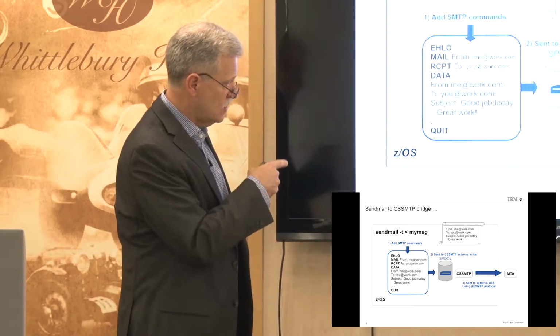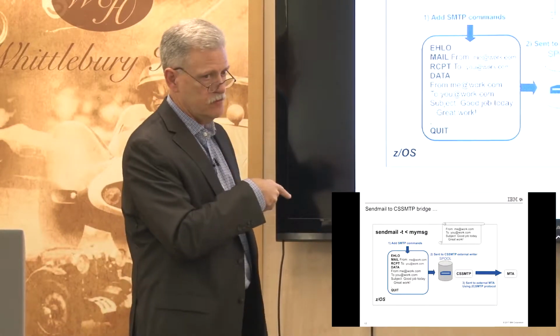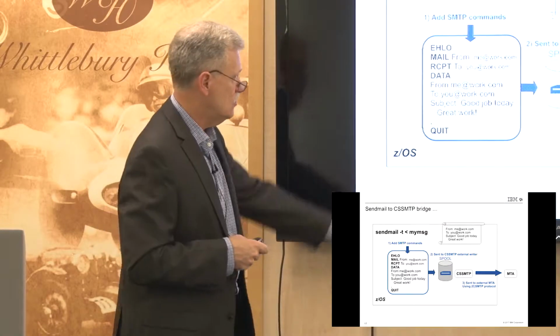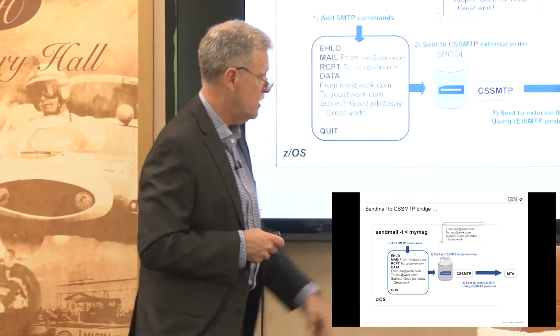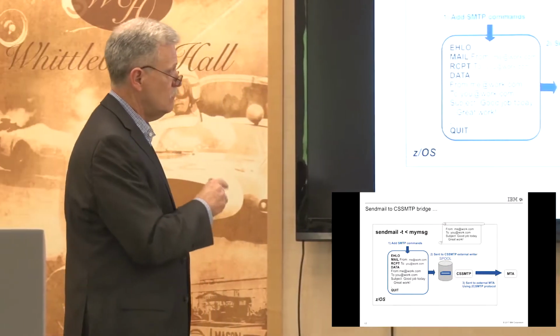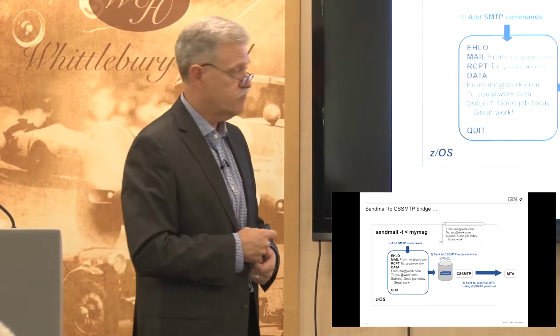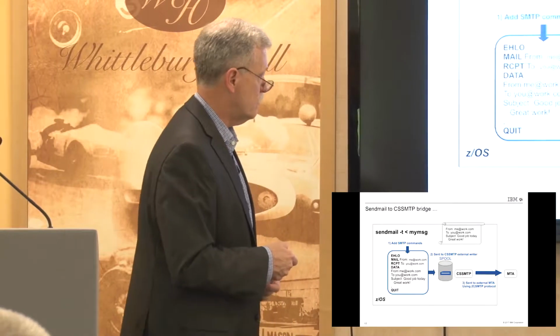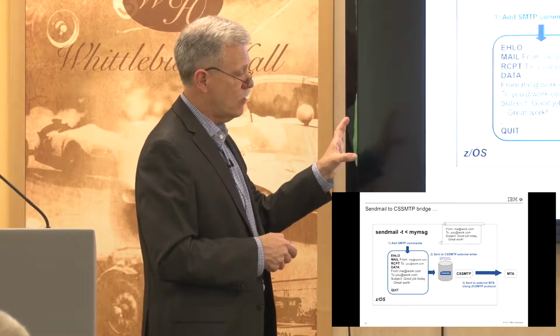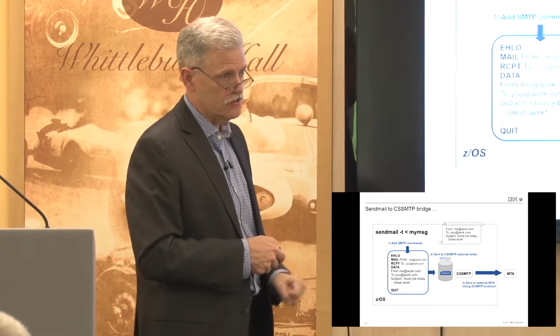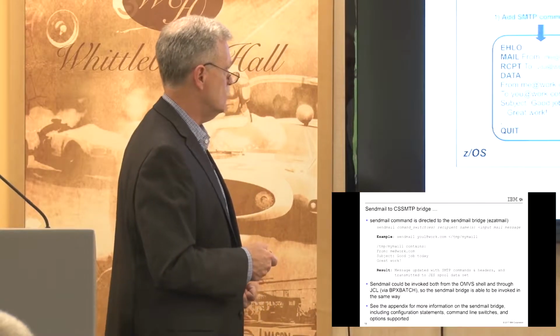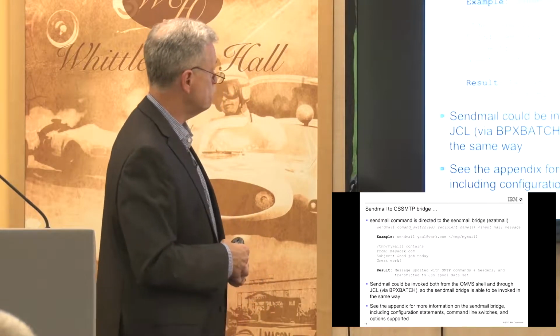Then later CSSMTP will read off that spool and transmit the message just as if it originated at CSSMTP. So SendMail appears to still be there, but we provided a way to bridge your programs into the new one in 2.3. That solved that migration issue for our users in terms of getting from SendMail into the new program.